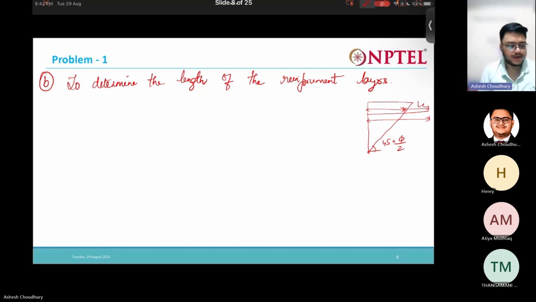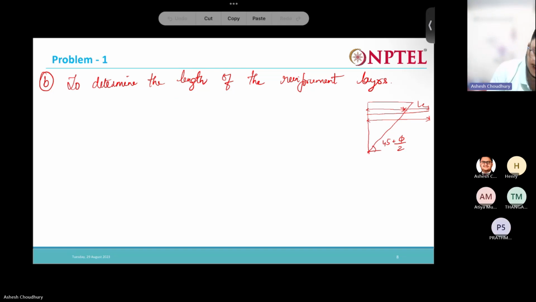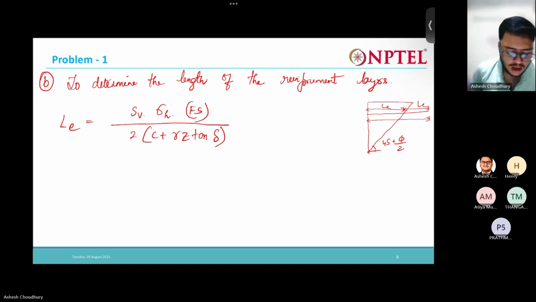Okay. So now what we can write, if you remember, is that L_E, the embedment length, is nothing but factor of safety by 2C plus gamma Z tan delta into L_E.